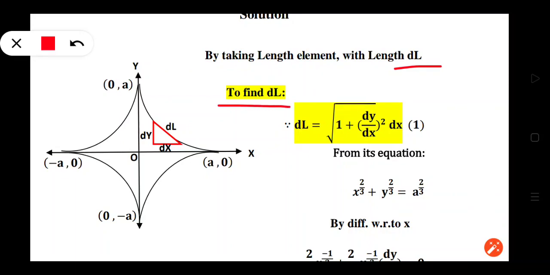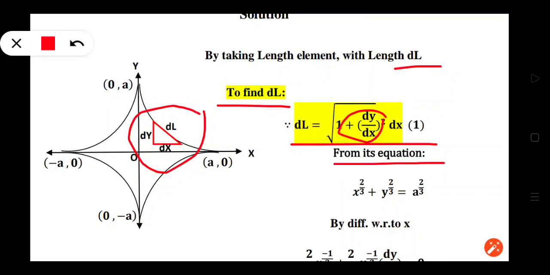To find dL, we will find the relation between dL and dx and dy. Then dL equals square root of 1 plus dy over dx all squared, times dx. To find dy by dx from its equation, x power 2 over 3 plus y power 2 over 3 equals a power 2 over 3.